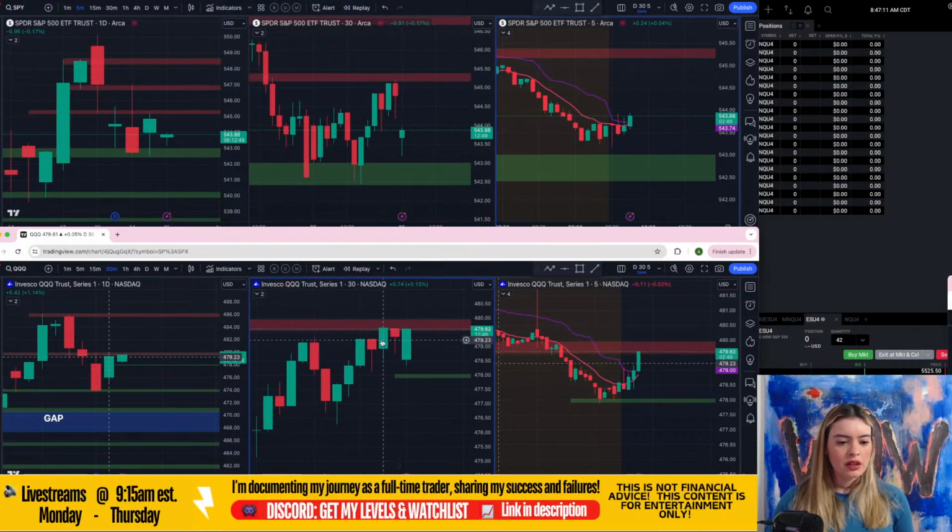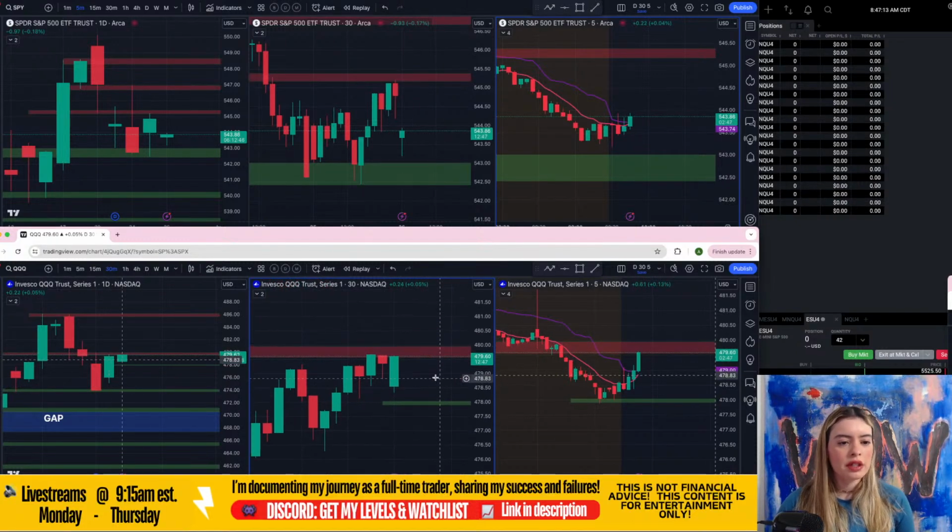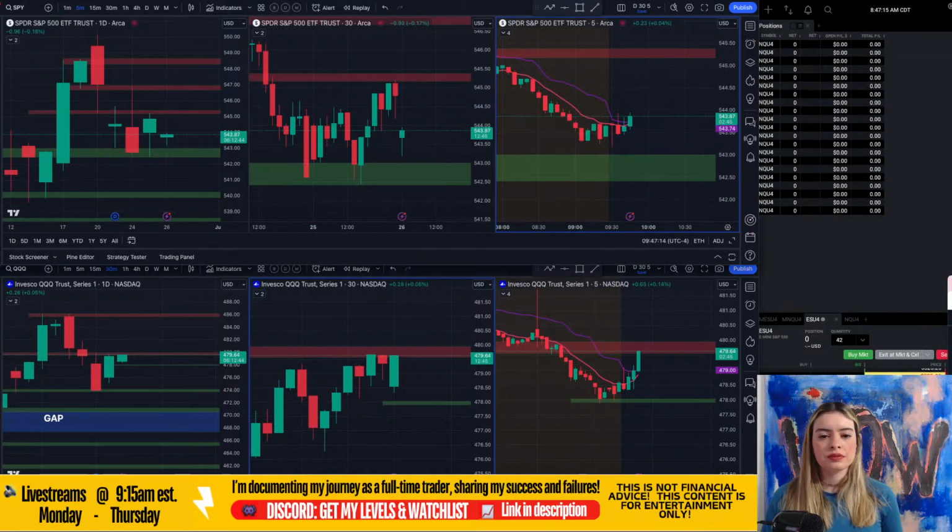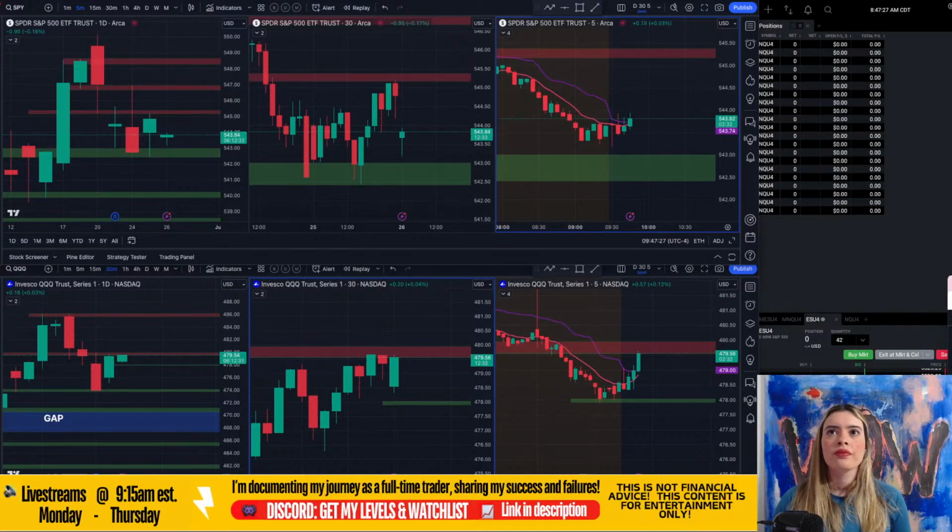Okay, 480 guys, 480. We gotta be patient here. NVIDIA is looking pretty bullish. Microsoft also is looking nice. Meta kind of looks like a bear flag.